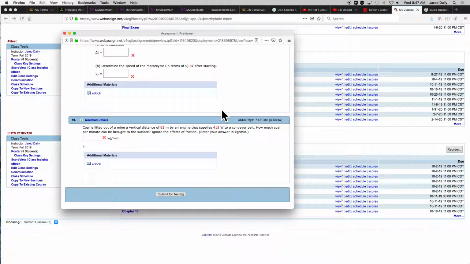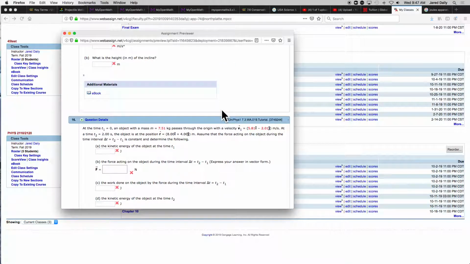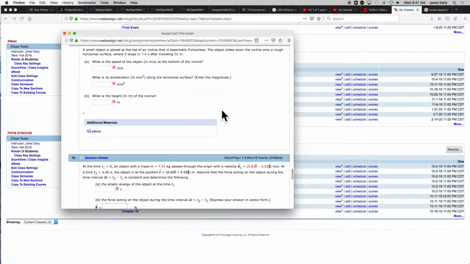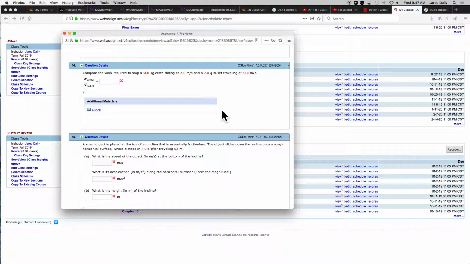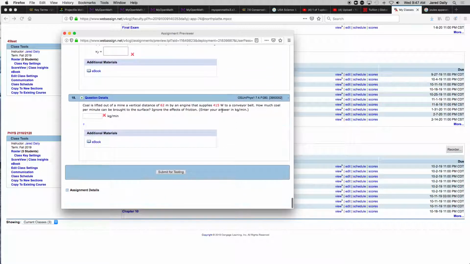And then towards number 15 and beyond, we start to use friction to do work, and then 16, 17, 18, 19, those are power problems, where you calculate the amount of work done and then divide it by the time that it was done in.